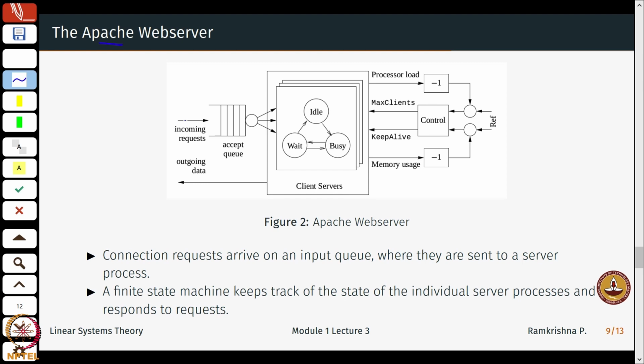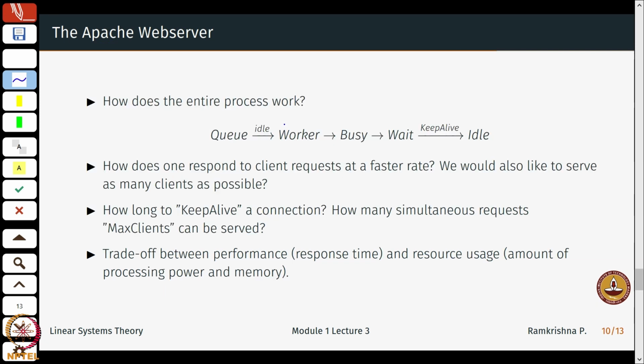Whenever you request information from a web page, you are first placed in a queue. A request stays in the queue until it is assigned a worker. So first I will be in the queue waiting for a worker to be assigned, and a worker is assigned if and only if it is in the idle state.